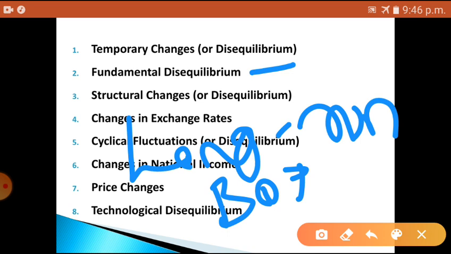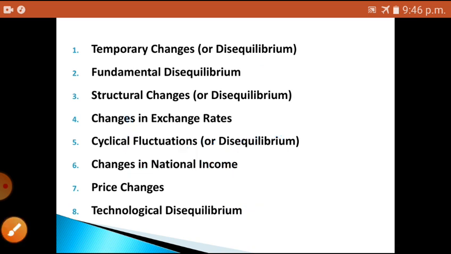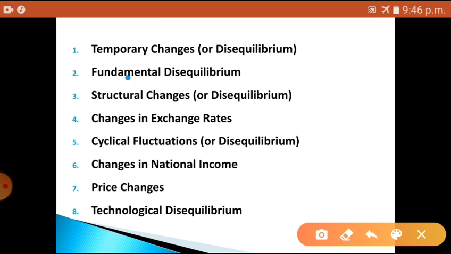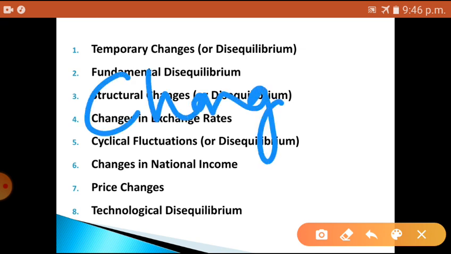So fundamental disequilibrium may be caused by various factors. Means fundamental is long term, which is caused by certain factors. The first factor will be changes in customer taste.